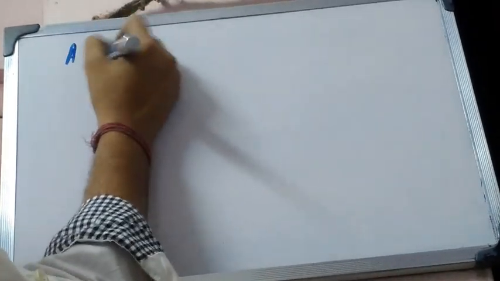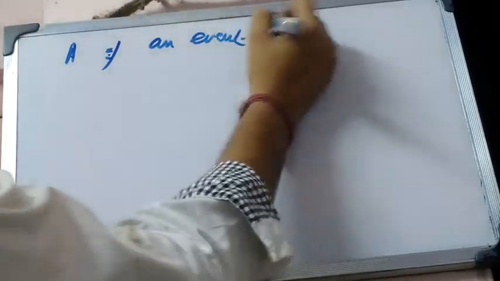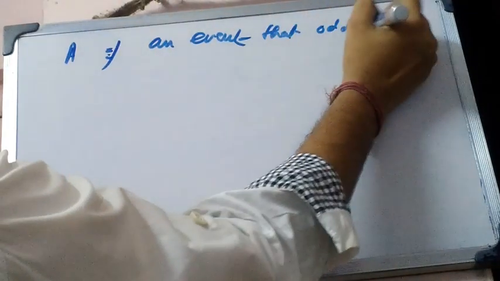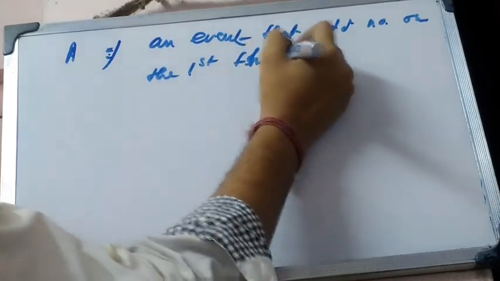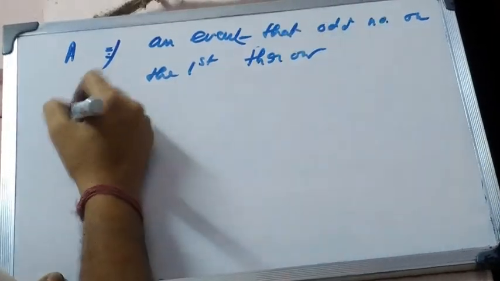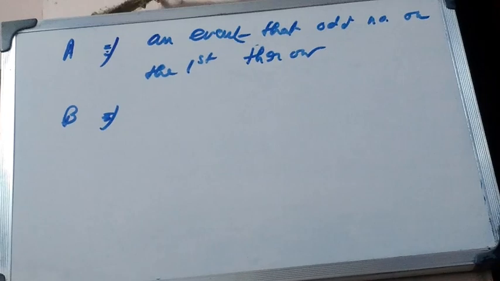Let's do a sum on independent events. Example: an unbiased die is thrown twice. Let the event A be odd number on the first throw, and B be the event that an odd number comes on the second throw.